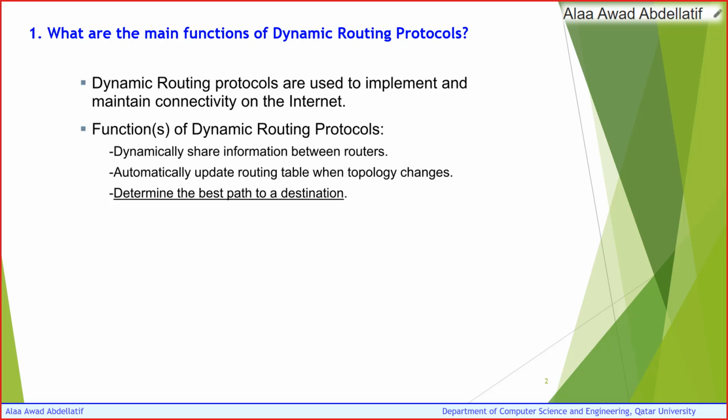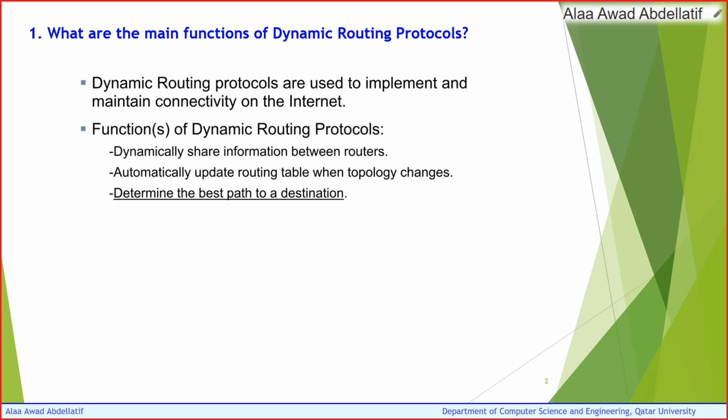Second, automatically update routing tables when topology changes. So after sharing information and building routing tables, if there is any change in the network, we automatically update the routing table. The third function, and the final objective of dynamic routing protocols, is to determine the best path to each destination.